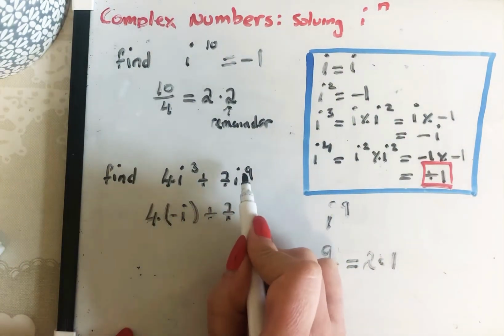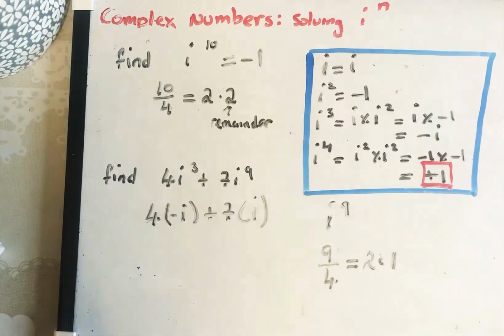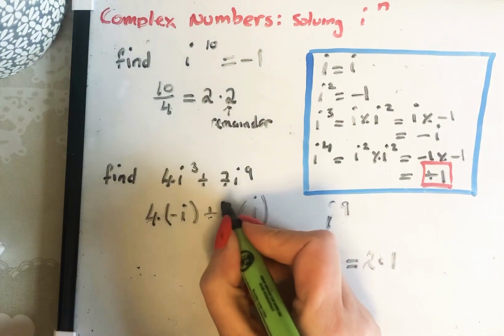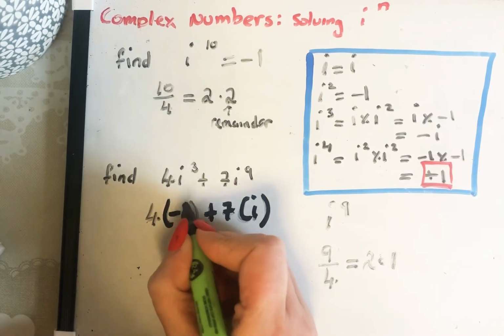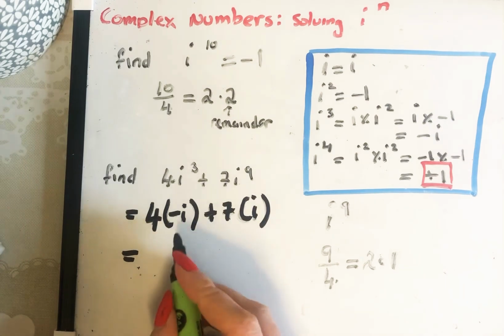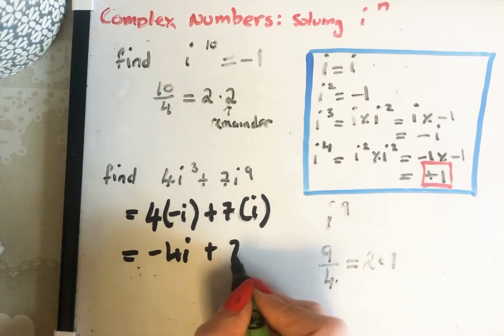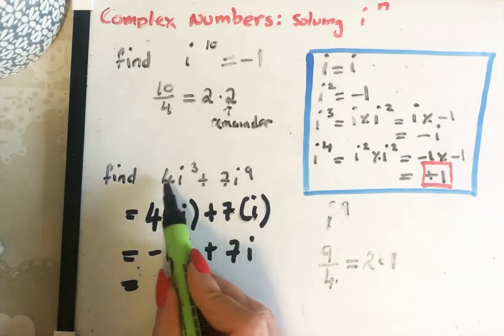So i to the 9 is just i. So we put an i in there. So let's change that to 7i as we're writing over this because it can be hard to see. And let's then multiply in. So 4 by -i is -4i, and then 7 by i is +7i. So we get 3i as our overall answer to this question here.